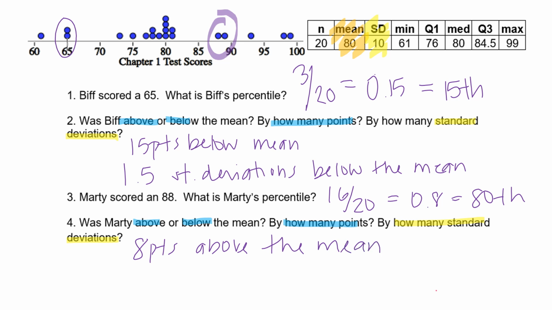Now, there's a formula to figure out the standard deviations. I will show you that, but technically his score, if you calculate it, is 0.8 standard deviations above the mean.